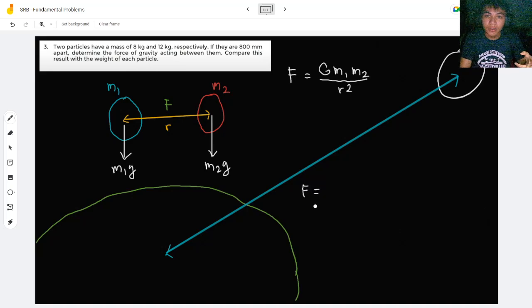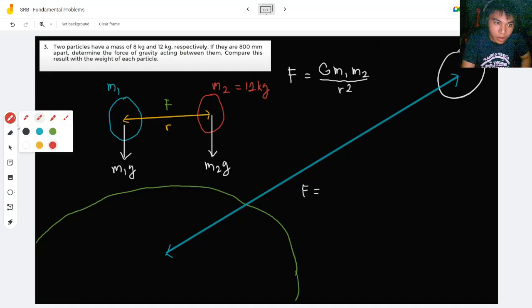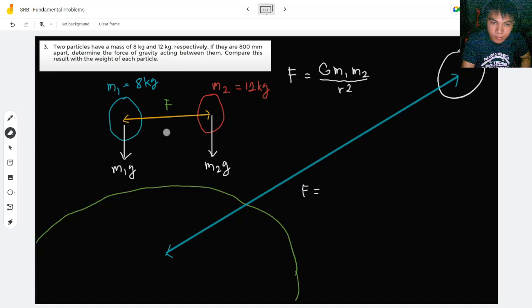Now, let's try to label these first. This is 12 kilograms, which is mass 2, and mass 1 is 8 kilograms. And the distance, let's adjust these for a bit. That would be 800 millimeters, or 0.8 meters.